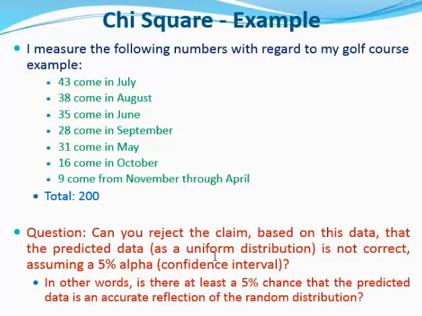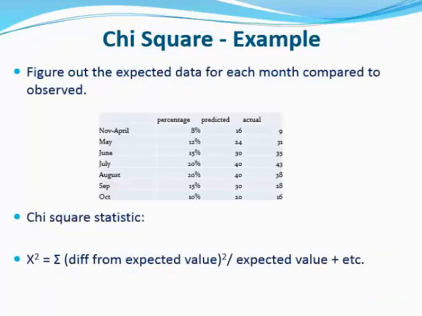So can I reject the claim, based on this data, that the predicted data is correct, assuming a 5% alpha, which is really the same thing as 95% on the other side, obviously? In other words, is there at least a 5% chance that the predicted data is an accurate reflection of the random distribution, or the alternative, that there's a 95% chance that it is not.